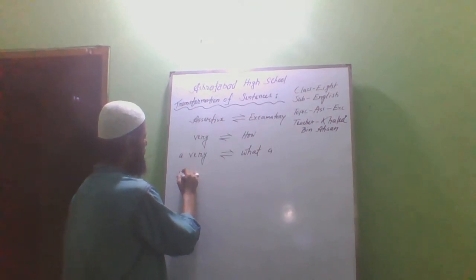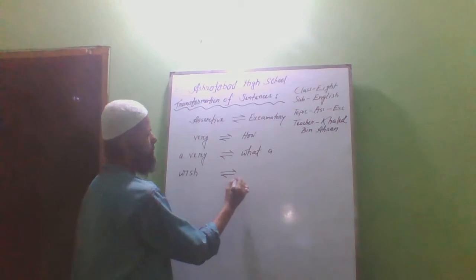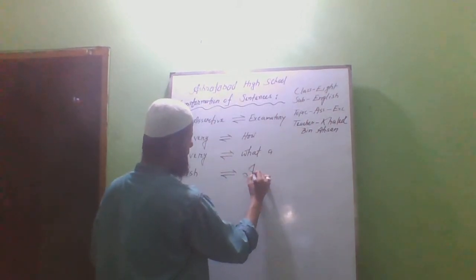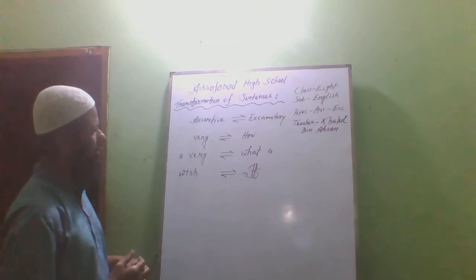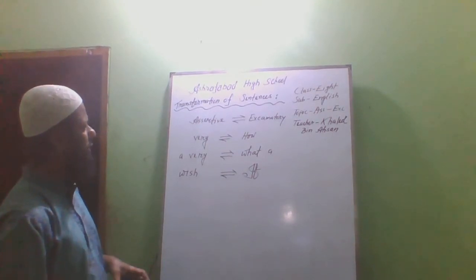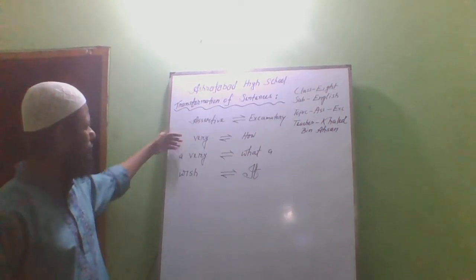If we find "wish" in an assertive sentence, then we will use "if" to make the sentence exclamatory. Very simple. Here we find three techniques or rules.